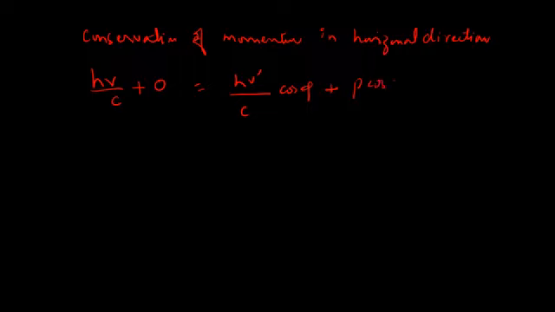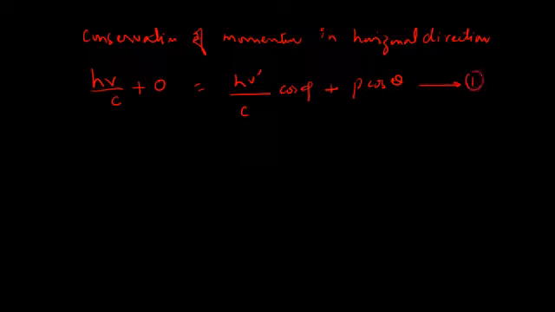As you can see from the figure, h mu by c plus the horizontal momentum of the electron, which is 0, is equal to the scattered photon momentum h mu prime by c cos of phi plus the scattered electron momentum in the horizontal direction, p cos of theta.